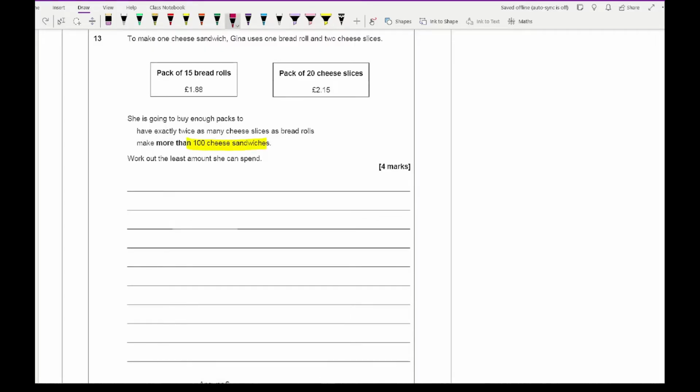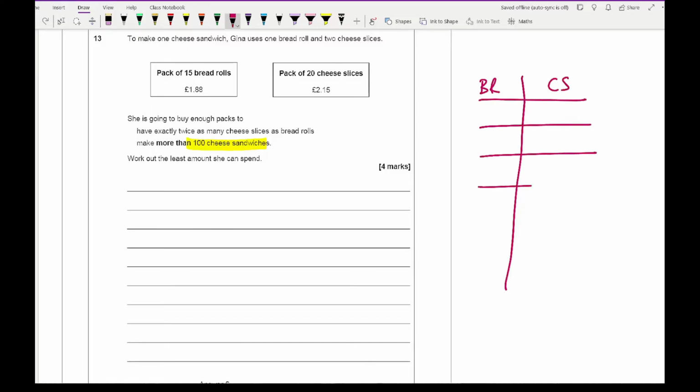So if I just write down bread rolls and cheese slices, we want the numbers of these to be more than 100. These have got to be in multiples of 15, and that's got to be multiples of 20. We need to have twice as many cheese slices as bread rolls, so this needs to be double of this.